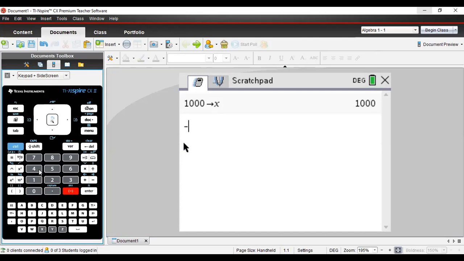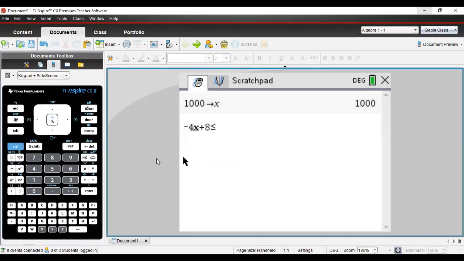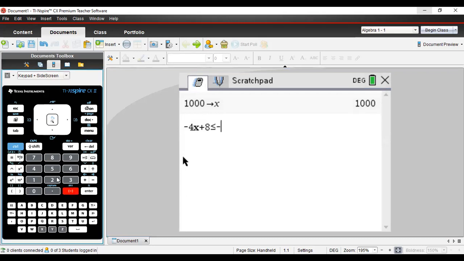So it's going to be negative 4x plus 8 is less than or equal to negative 16. And let's see what it says. This should be true. We got a true statement. So again, when we get a true statement, that means our answer goes to the right.